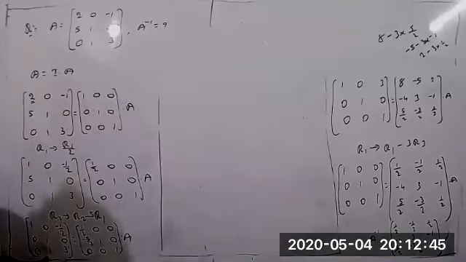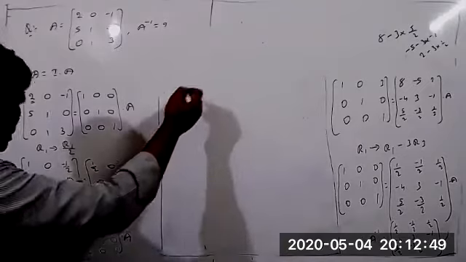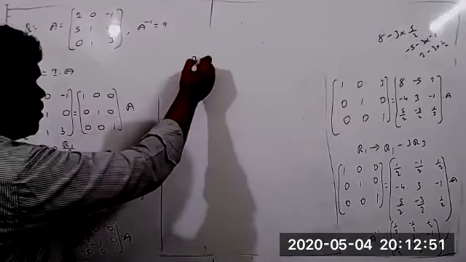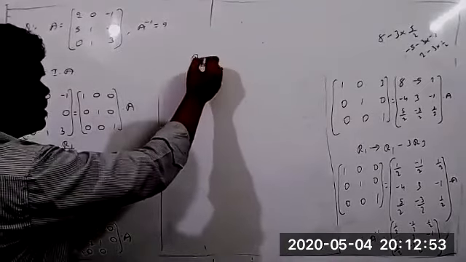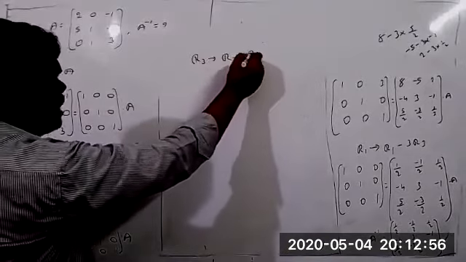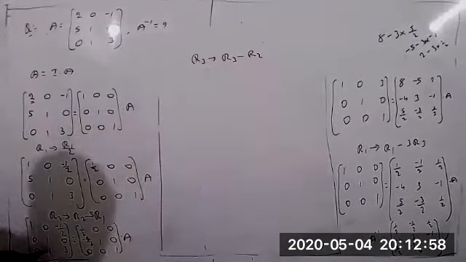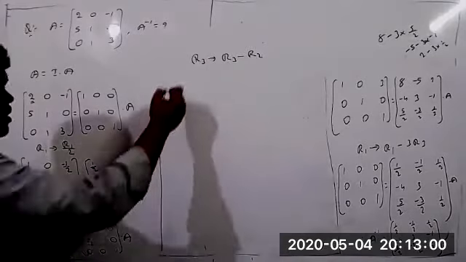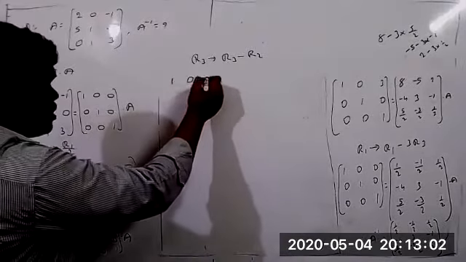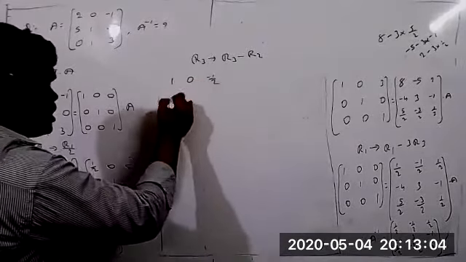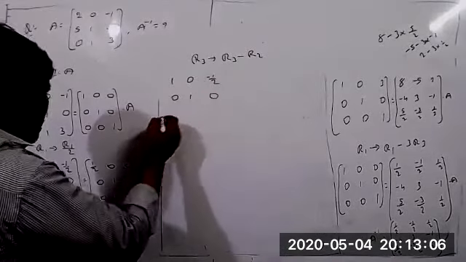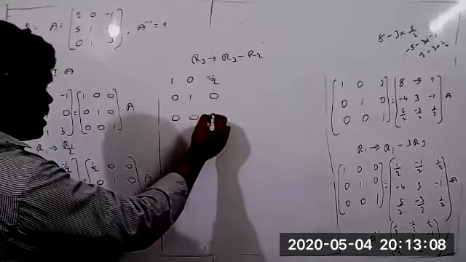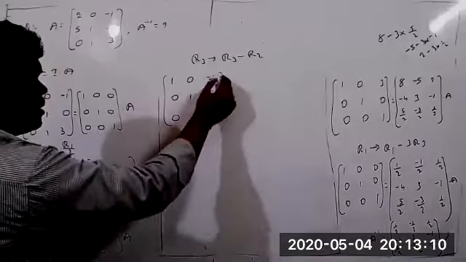First you can change this element. 1 we have to convert into 0. How to get 0 now? This belongs to the third row. So you can write R3 such that R3 minus R2, because 1 minus 1 equals 0. So the first row you can write as is: 1 0 minus 1 by 2, 0 1 0, 0 0, and 3 minus 0 equals 3 only.